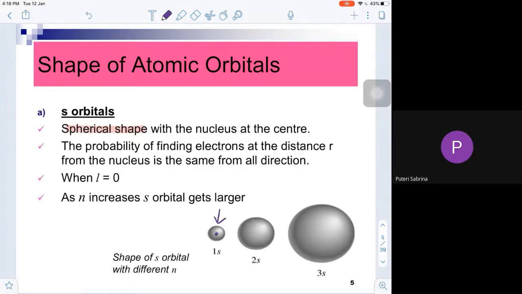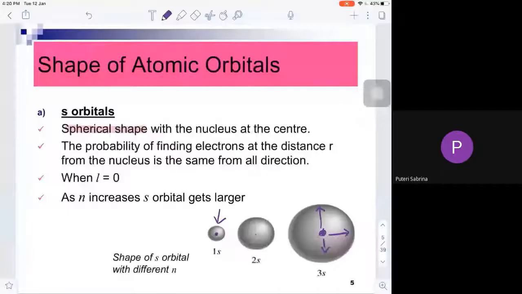We have a nucleus at the center. This is the 2s orbital, and the nucleus is at the center of this 2s orbital. So the probability of finding the electron at a distance r from the nucleus is the same from all directions.